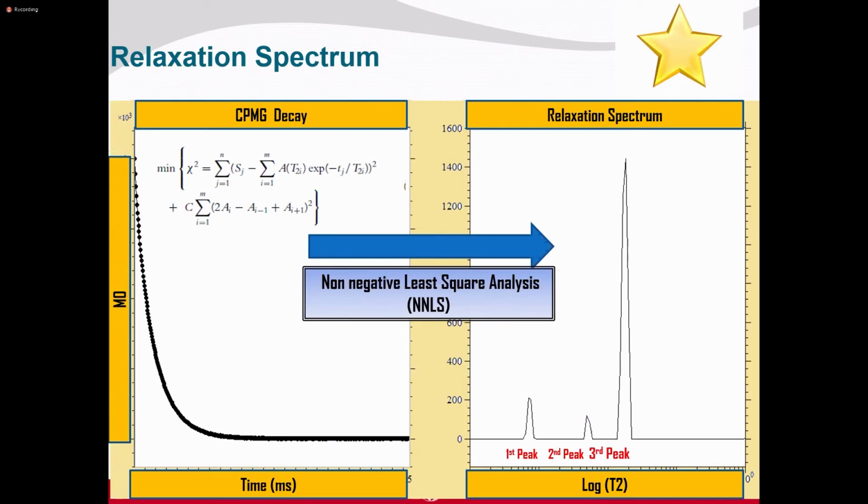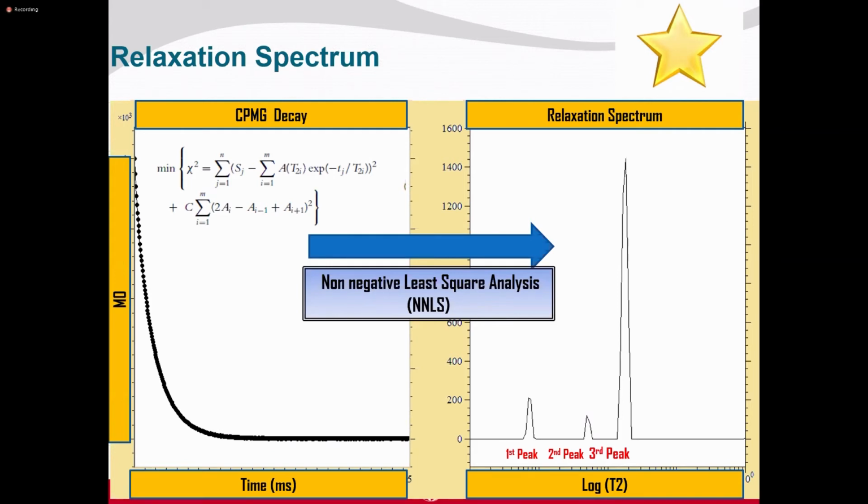For instance, in a plant tissue, the vacuole is the organelle which usually has the highest water content, so the longest relaxation time is usually associated with the vacuole. Cell wall and cytoplasm also have distinct relaxation behaviors.